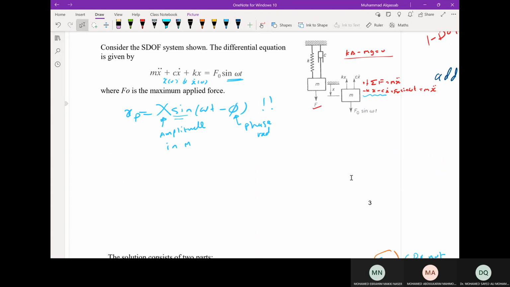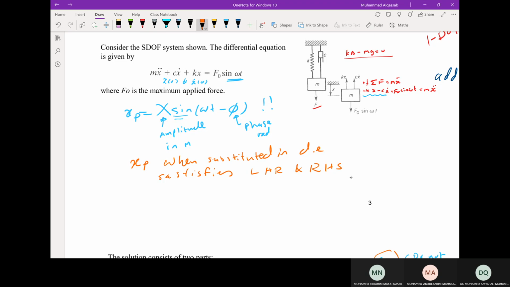Okay, so xp, when substituted in the differential equation, should satisfy the left-hand side and the right-hand side.